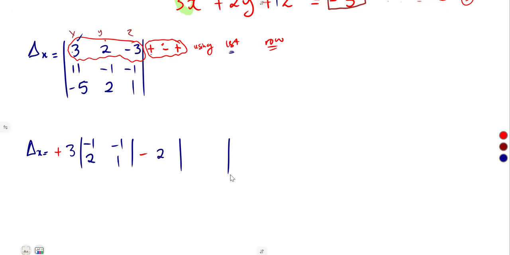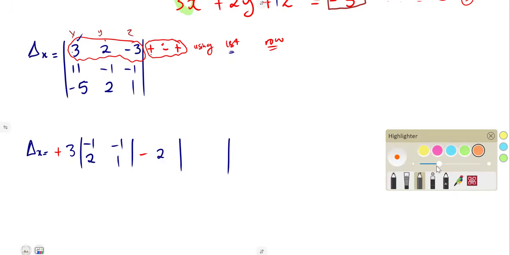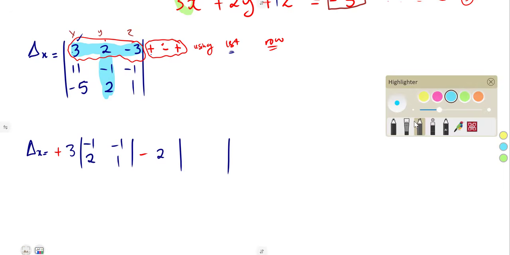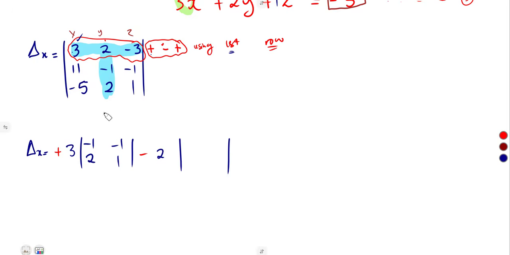Then you determine the determinant by closing the row and column where that 2 is. This is the row and column where 2 is. So what you are left with, determine its determinant. You are left with 11, minus 1, minus 5, 1.